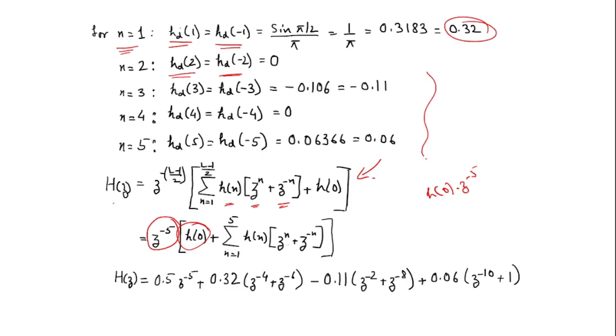On the other hand, n at the max will have a value of 5, and here the maximum value would be 5 minus 5 basically. So z to the power minus 5 multiplied by z to the power 5, what do you get?